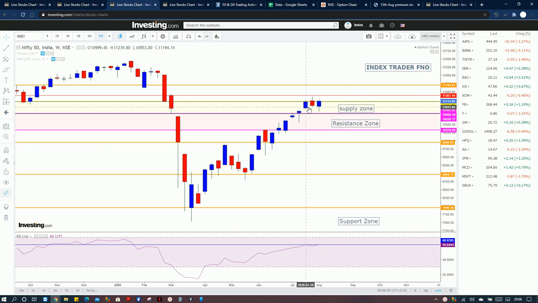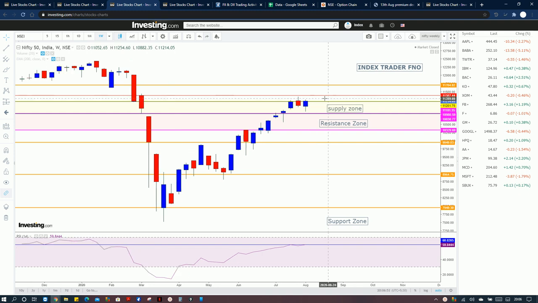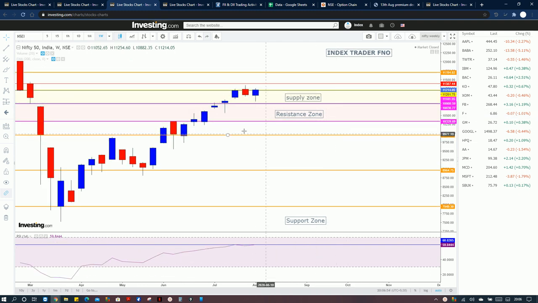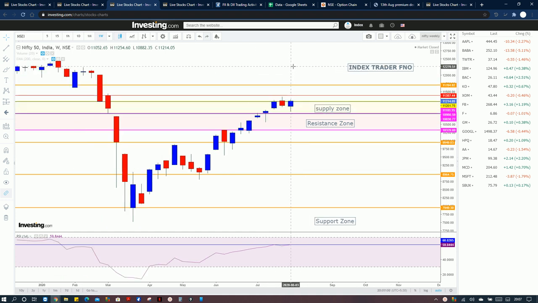Earlier Nifty faced resistance once and twice, and now Nifty has closed above this important line. This is very, very important. It has to be sustained this week for further upside, otherwise there can be distribution over here. So we need to watch out for this level.